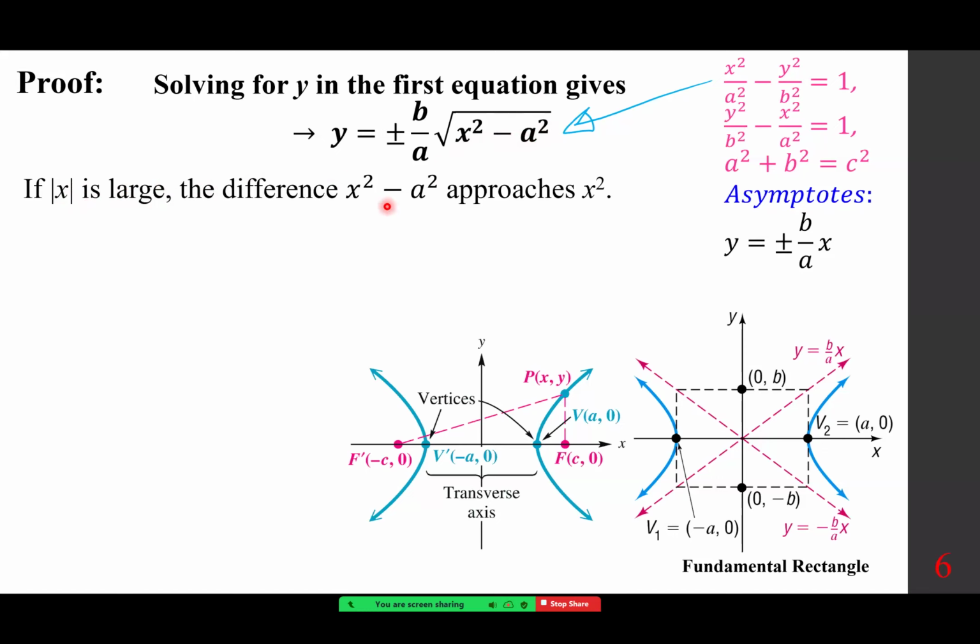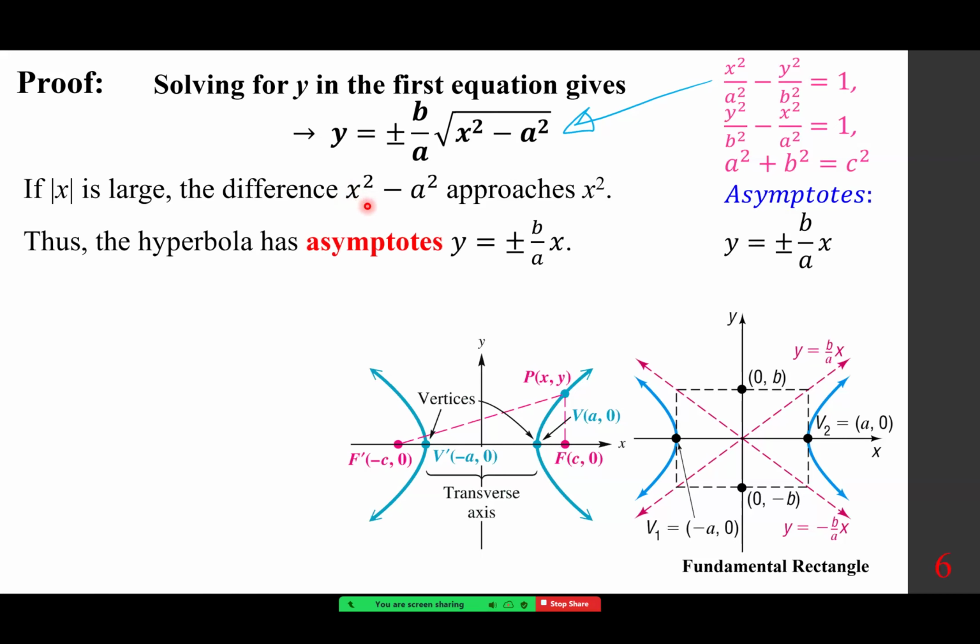And this expression, x squared minus a squared, approaches x squared. This is the concept known as limits. We will discuss it in more detail in later courses. So in short, when x is extremely large or extremely small, x squared becomes so large that minus a squared has no meaning.